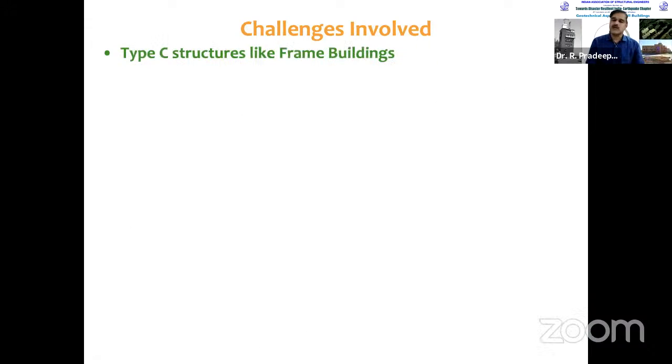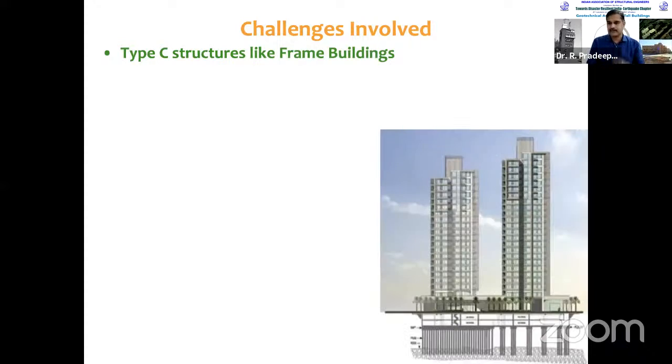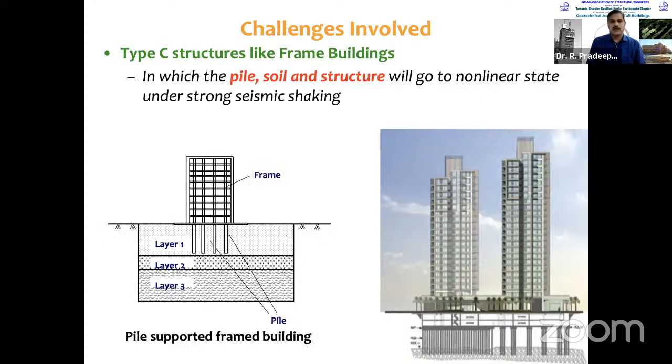When it comes to an RC frame structure, whatever structural system is there, maybe shear walls are also present, the pile, soil, as well as the structure will all go into a nonlinear state under strong seismic shaking. This is type C structure.